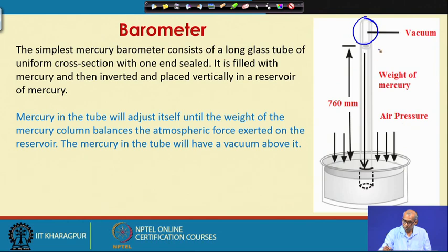So, the weight of the mercury column has balanced the atmospheric pressure, or atmospheric force, exerted on the mercury level in the reservoir.